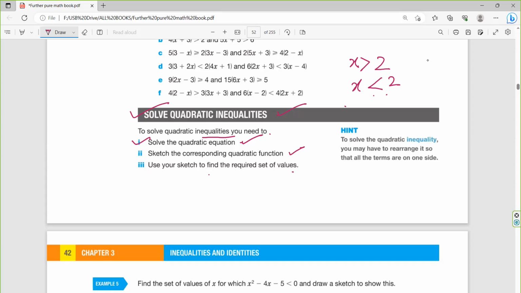To solve a quadratic inequality, you may have to rearrange it so that all the terms are on one side. Yes, when you solve quadratic inequalities, all the terms will be on one side. So what will you do? At first, we have to solve this equation, and after that, sketch this, and finally, we will find the set of values of x.